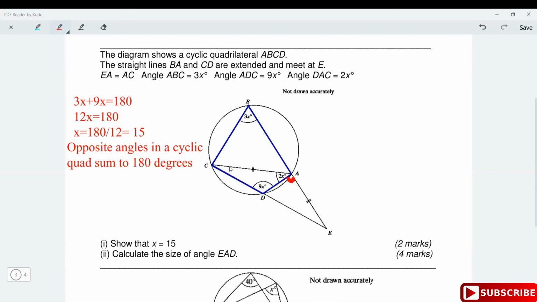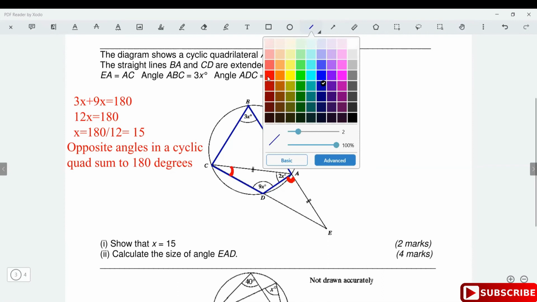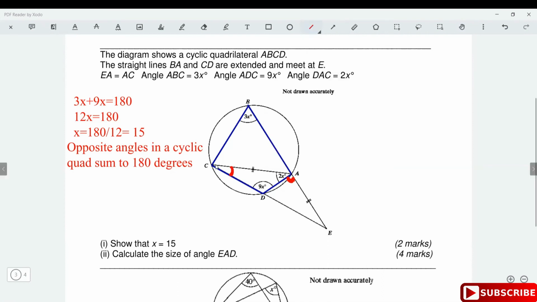Now look how we're gonna do this. We know this angle because triangle ACE is isosceles. I'm gonna put it in a different color so we can actually see it. See here, this length is equal to this length, and so this is isosceles.